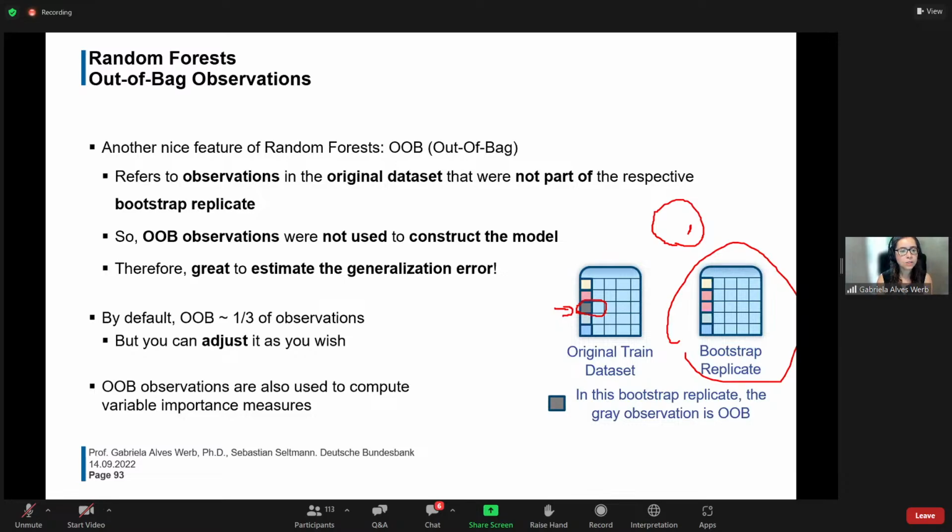Okay. Basically, this is another way of doing cross-validation in a sense, just specifically tuned for random forests in a way that automatically gives us some additional measures.